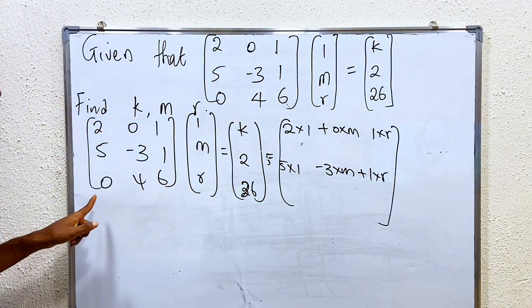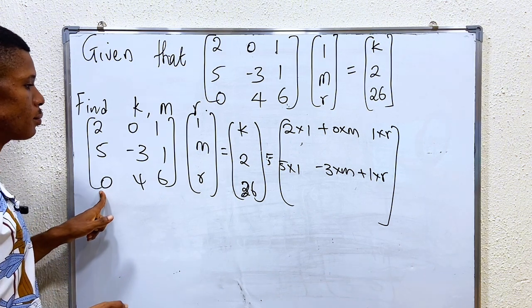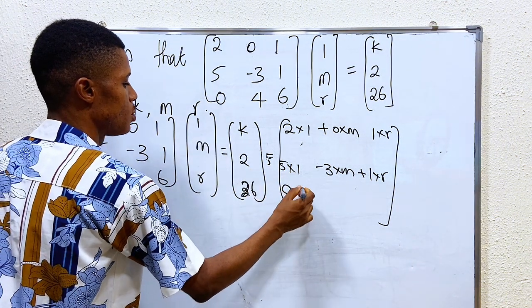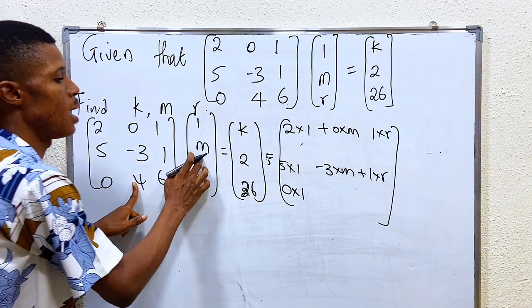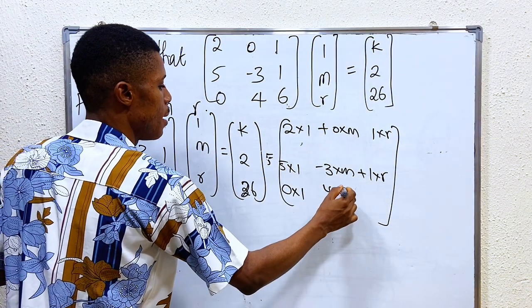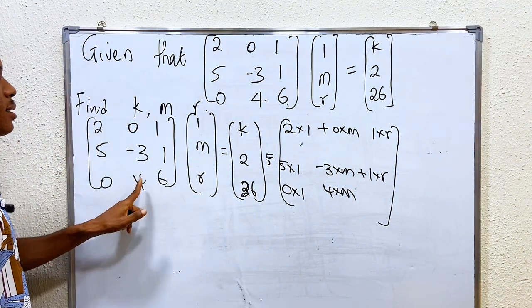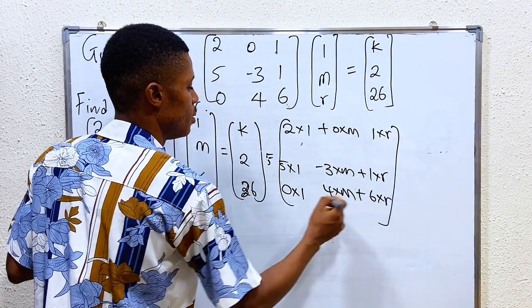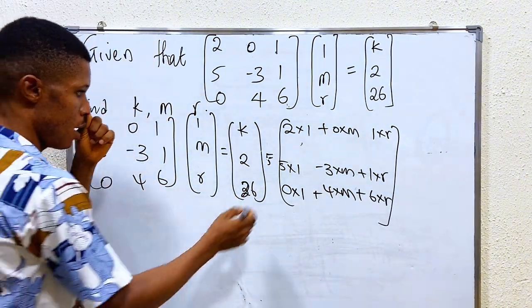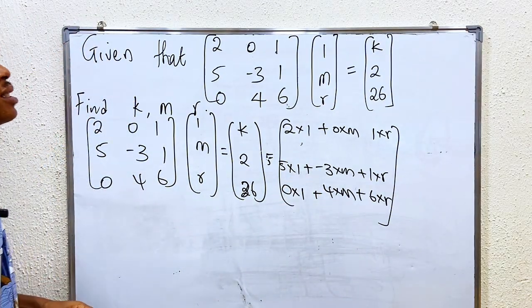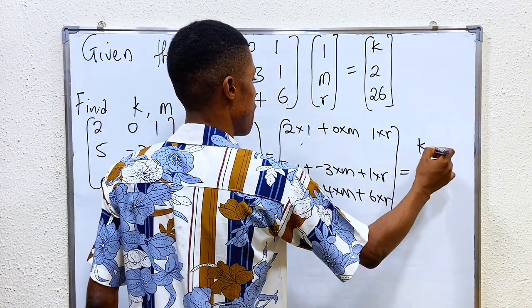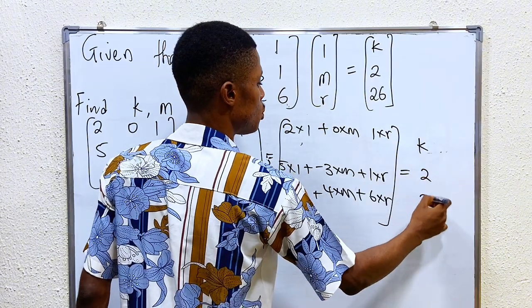We go to the next one: 0 times 1, 4 times m, 6 times r. So these are the solution, and it equals k, 2, 26.